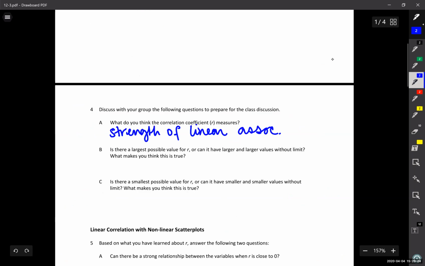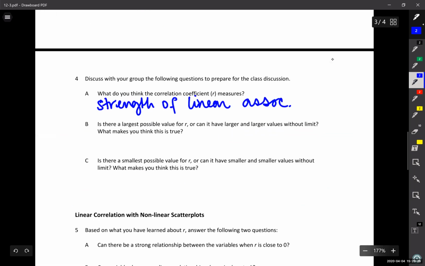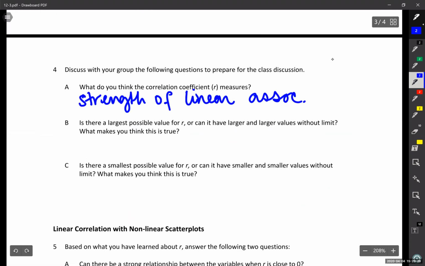Coming back to B. Is there a largest possible value for R, or can it have larger and larger values without limit? And so our picture showed us that the largest is 1, because the largest was as strong as you can get. That was a straight line.